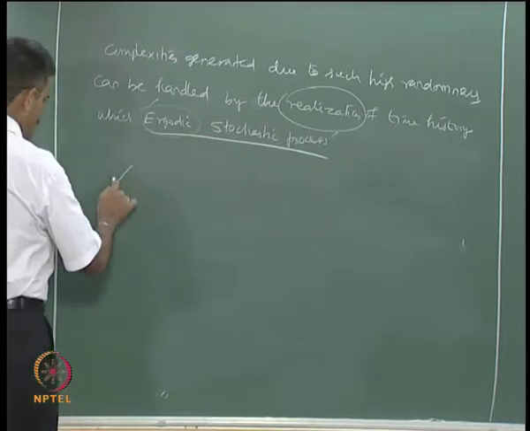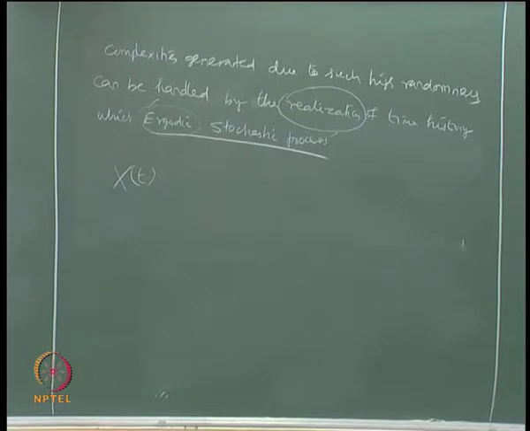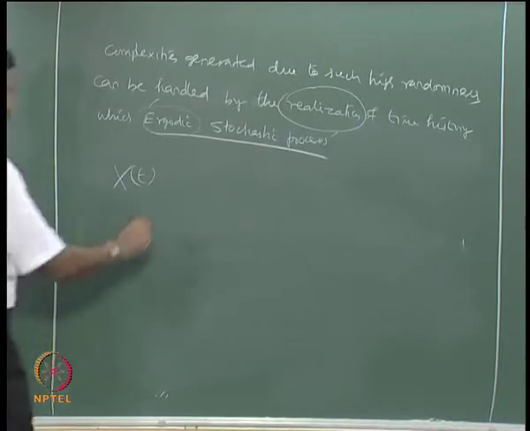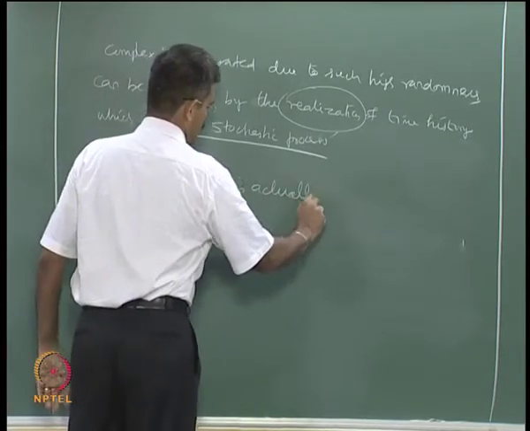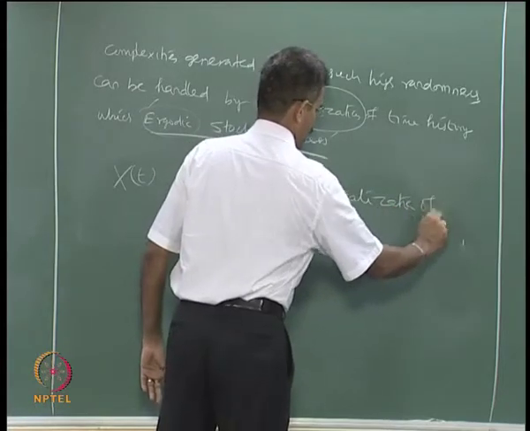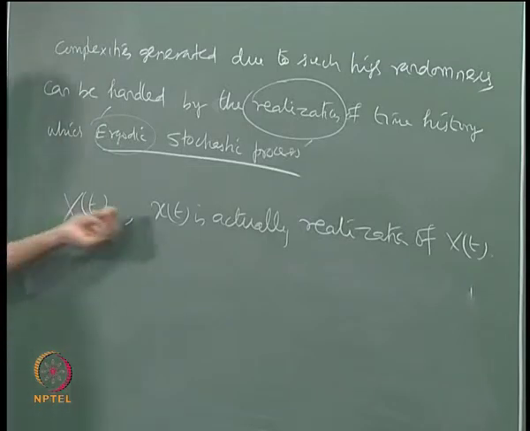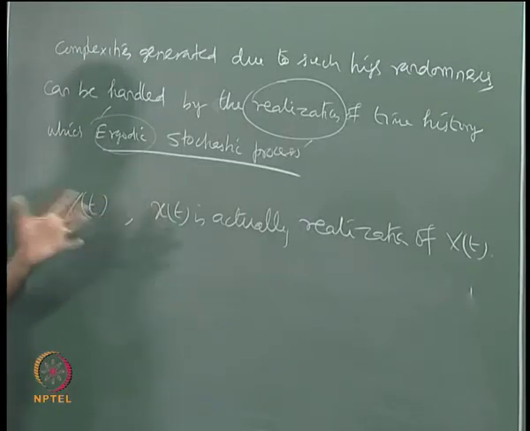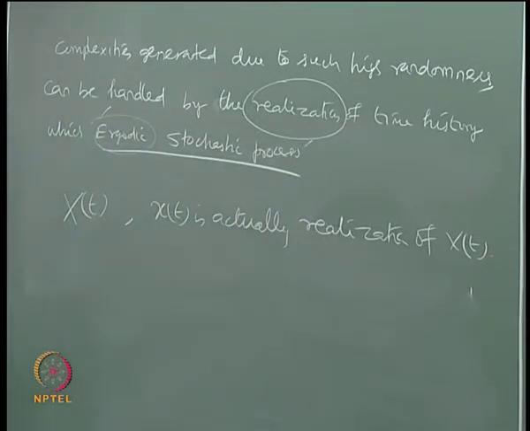Now x of t is my load history, or my amplitude of the time history of the wave, which can take any value, and x of t is actually the realization of this value. What it means is that x of t is assigned a value in the large bracket of capital X of t, and we call that realization.